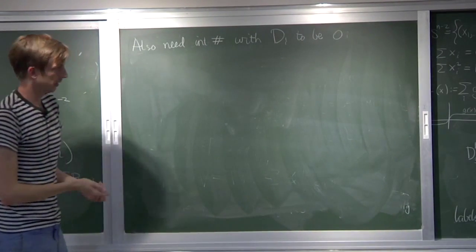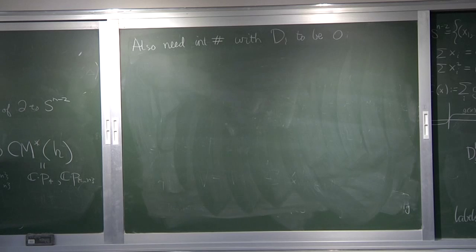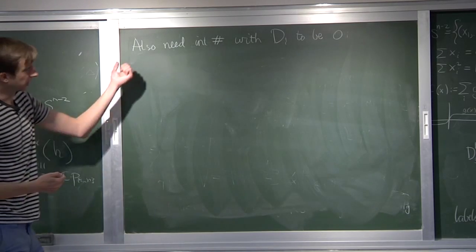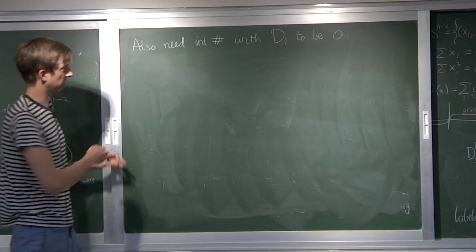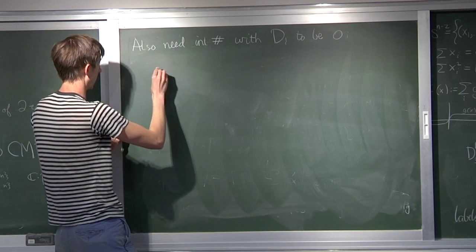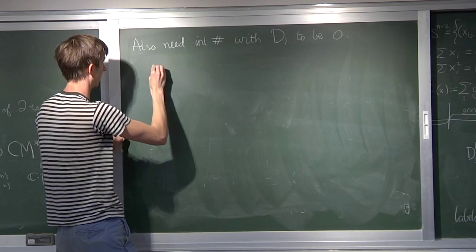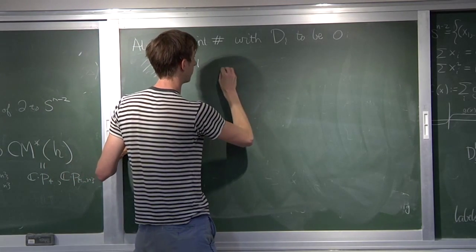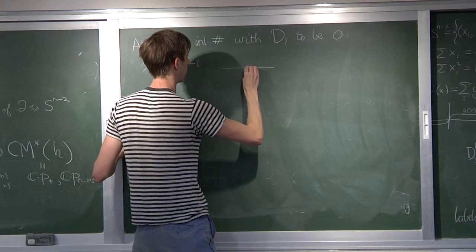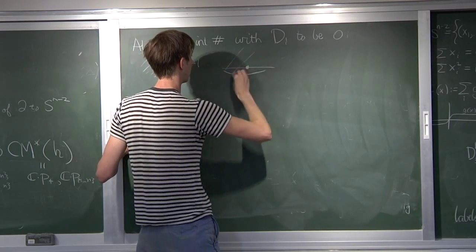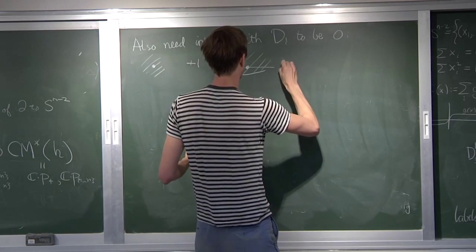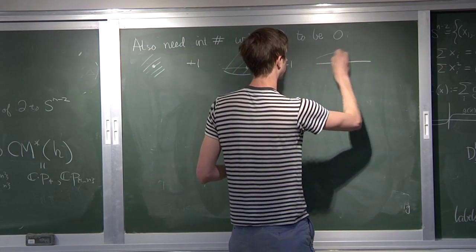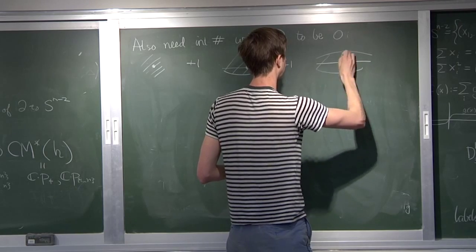So you also need to count, well, if we're counting things that we want to contribute to the Fukaya category of the complement of D, we need to count these things that have intersection number 0 with the divisors. And there were three possibilities for picking up an intersection number.